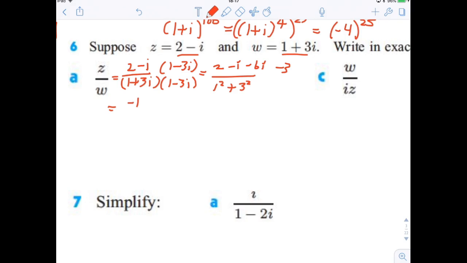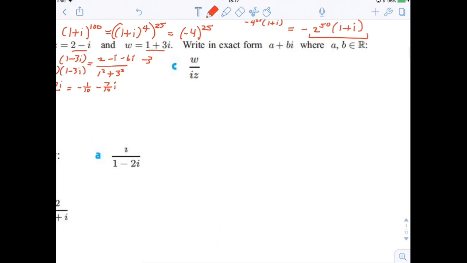Negative i minus 6i is negative 7i. And then the bottom will have 1 squared plus 3 squared, which is 10. So that's pretty much it. We could rewrite this as negative 1/10 or negative 0.1, minus 7/10 or minus 0.7 i.